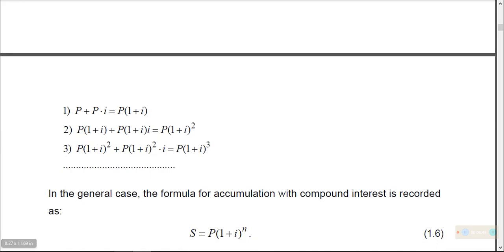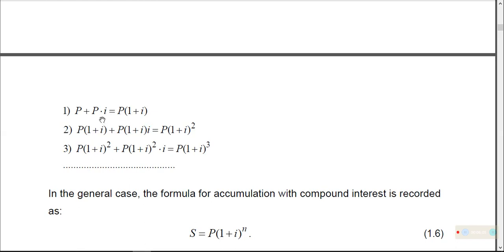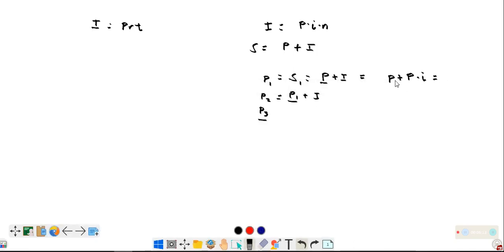So, kung i-expand natin ito, this can be equal to P plus P times I. Diba? Which can be changed into the formula. Factor out natin si P. You will have P times 1 plus I.